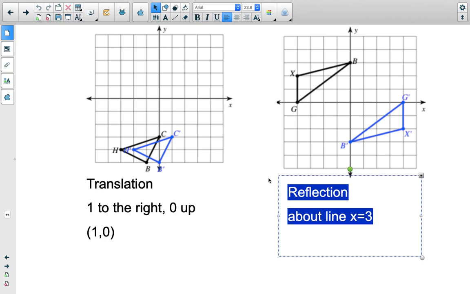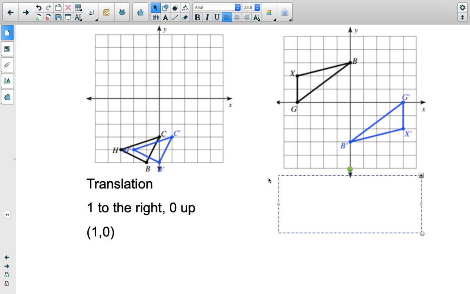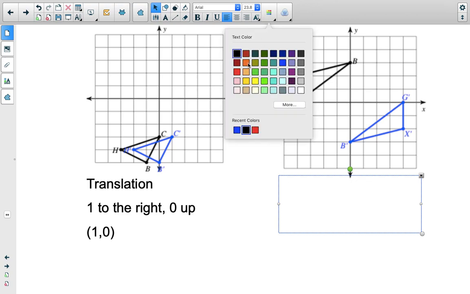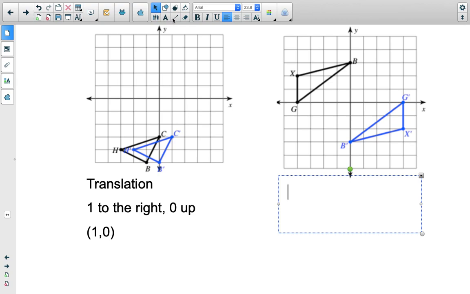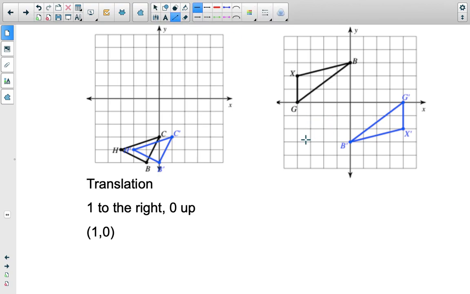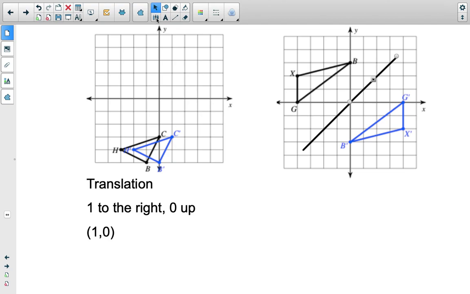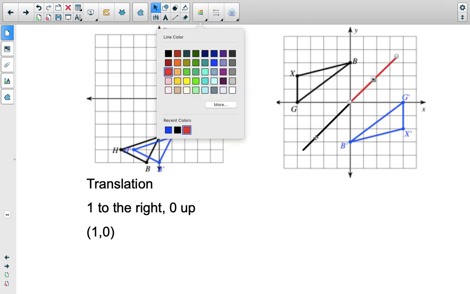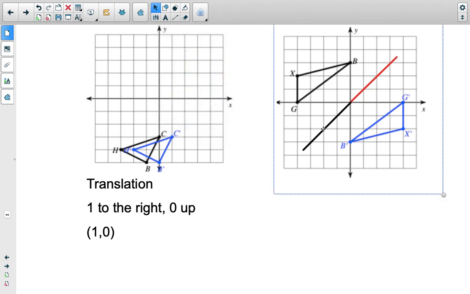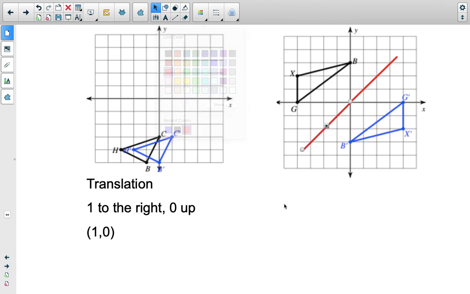And then my last one, we need to figure out what kind of transformation this is. It could be a reflection, because I could reflect it about this line. Let me change the color of this to red and this guy to red. So this could be a reflection, but it could also be a rotation.